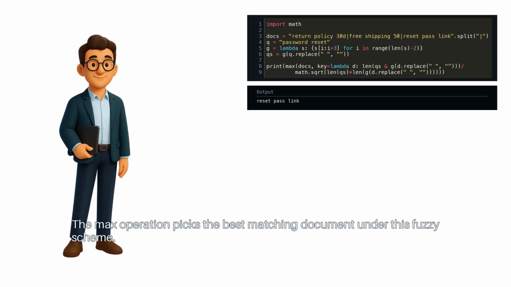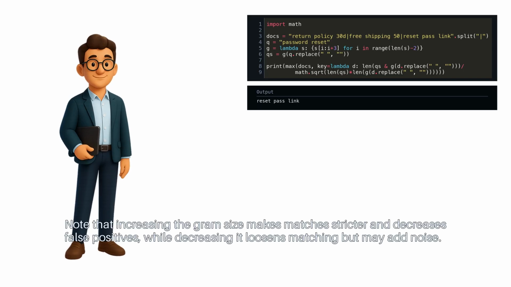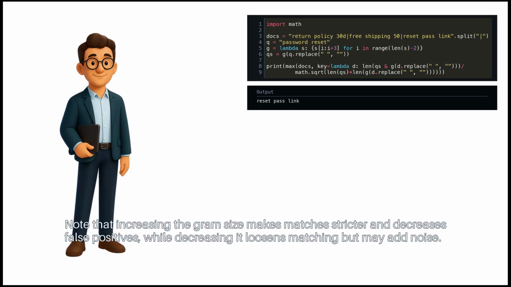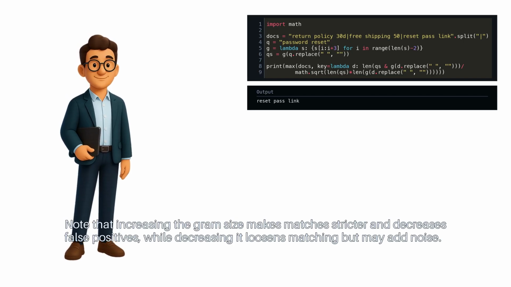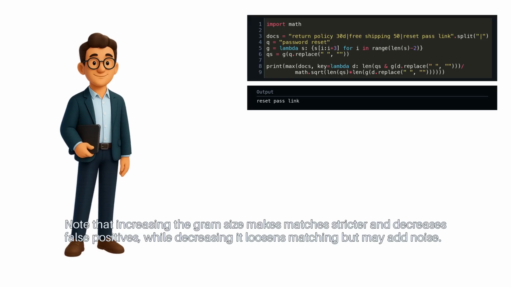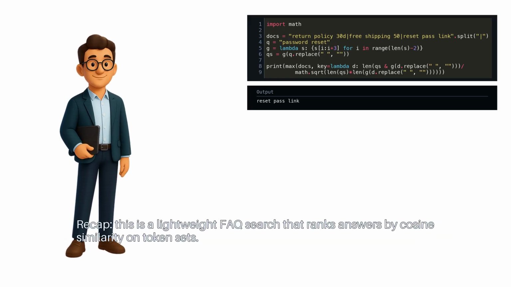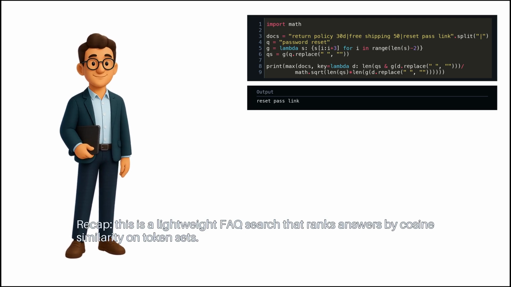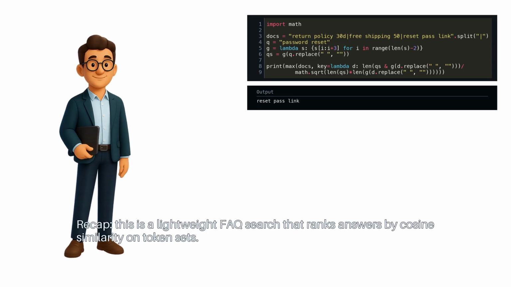The max operation picks the best matching document under this fuzzy scheme. Note that increasing the gram size makes matches stricter and decreases false positives, while decreasing it loosens matching but may add noise. Recap: this is a lightweight FAQ search that ranks answers by cosine similarity on token sets.